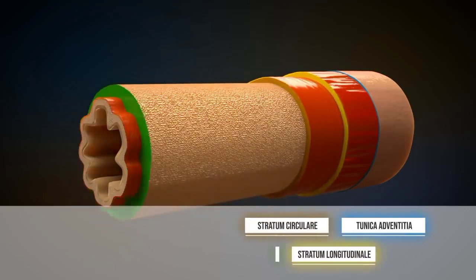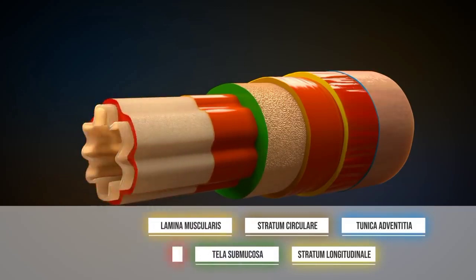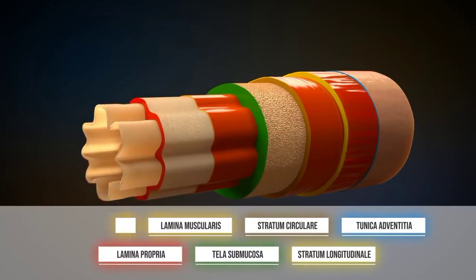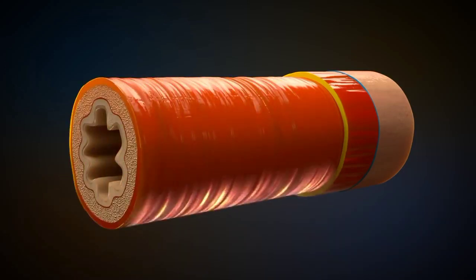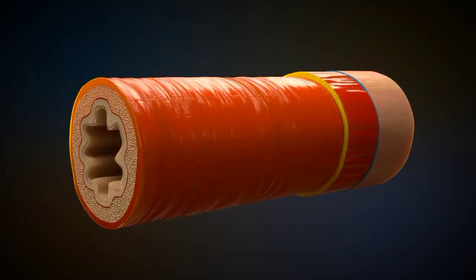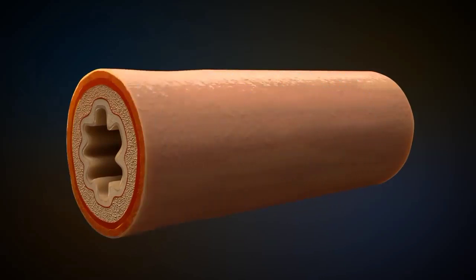The esophageal lumen, that is the opening inside the esophagus, is very flexible, which allows boluses of different sizes to be transported. The esophagus consists of several layers. These layers are found throughout the entire digestive tract.